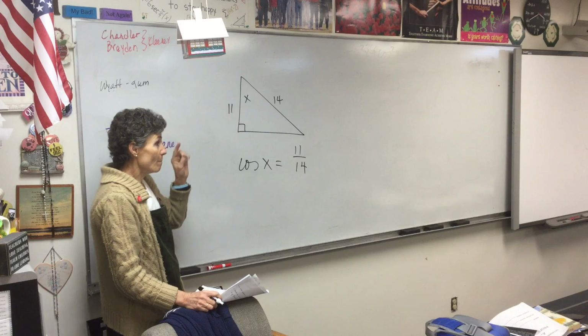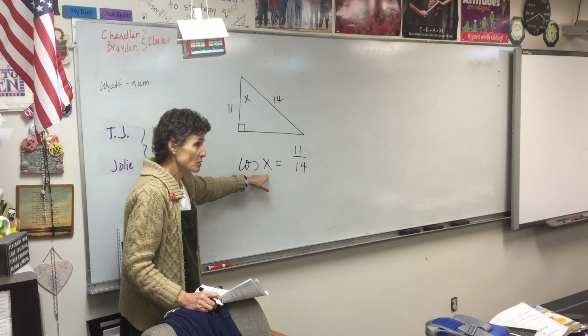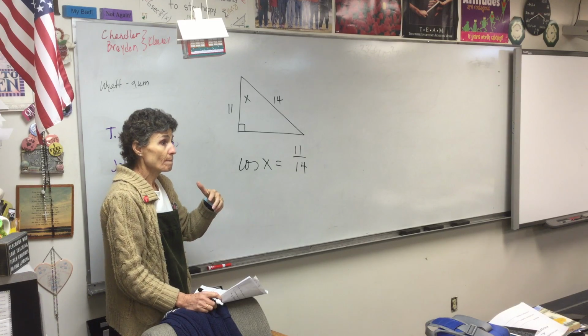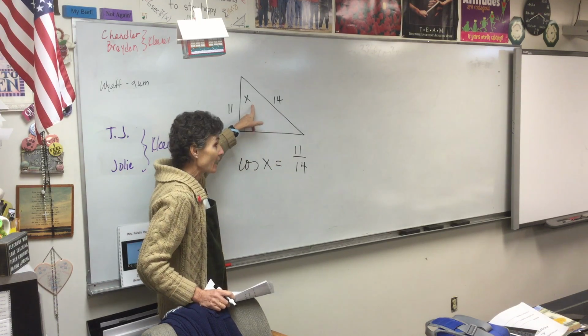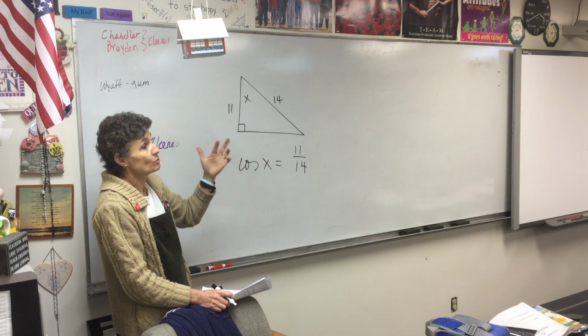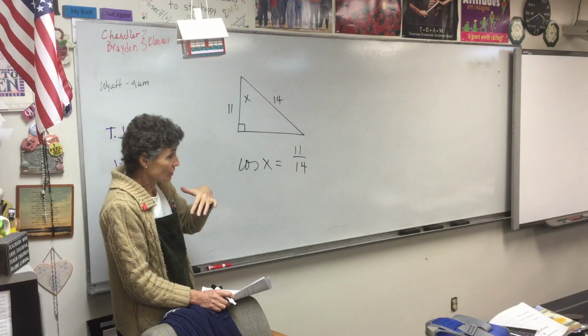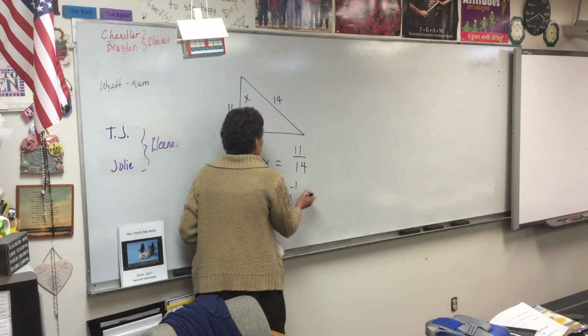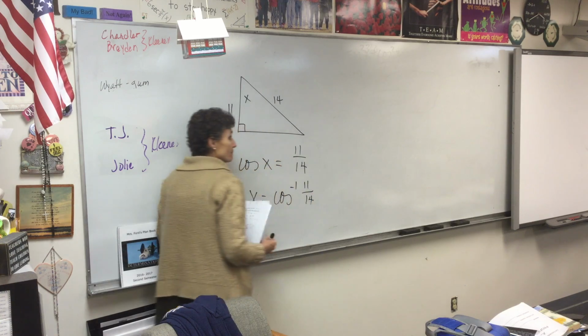Now, remember, there's something special when your variable is the angle. When x is the actual angle, we don't use our regular cosine button, we use our special cosine button. So we type into our calculator second cosine.